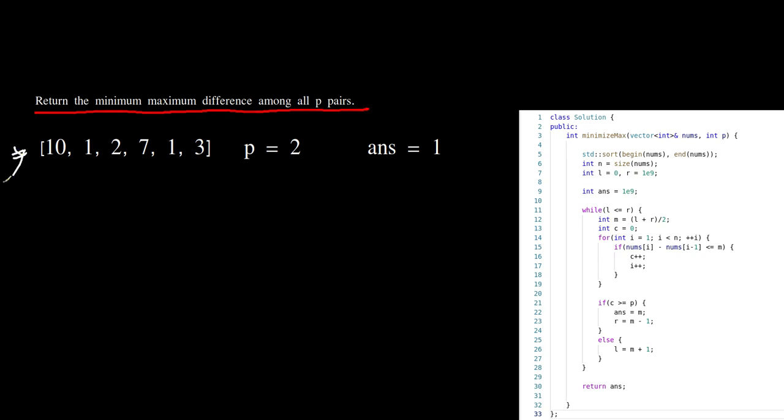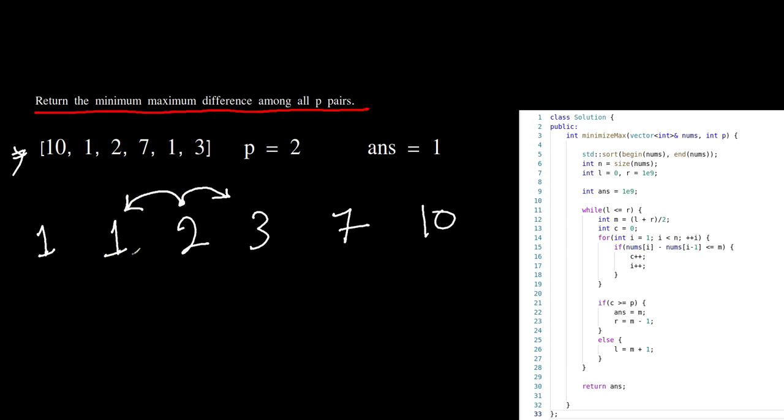Now this array, after sorting it, becomes 1 1 2 3 7 10. Now notice every number can be paired with the number on the right or the number on the left.